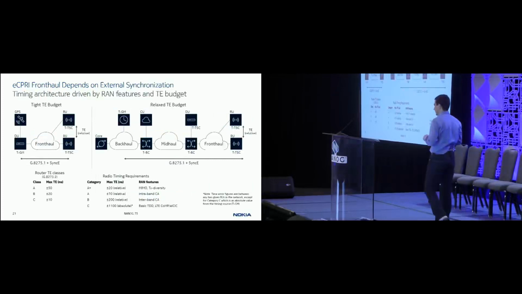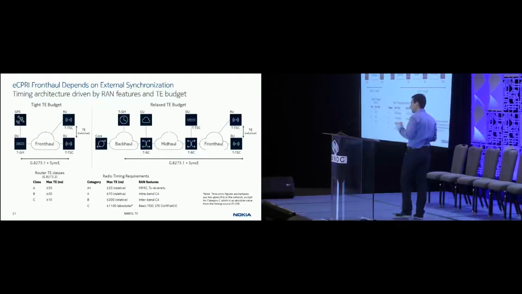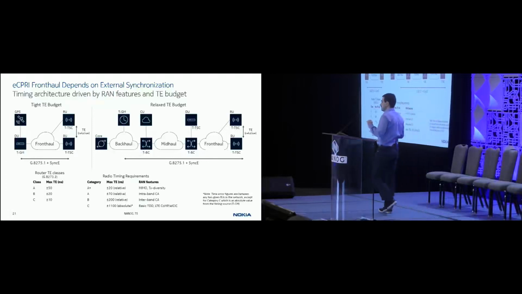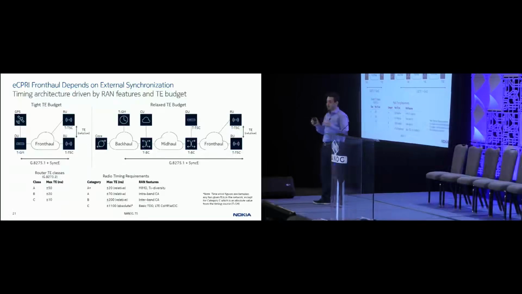Now, synchronization. I'd like to spend a couple of minutes talking about synchronization, because remember that we're building this network to interconnect radios to the core. So the radio is really our customer here. And because the radio is our customer, the synchronization requirements are also driven by what the radio is doing. In the table at the bottom here, you see the radio requirements.